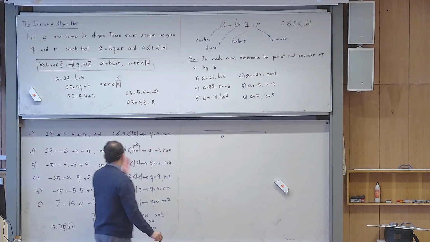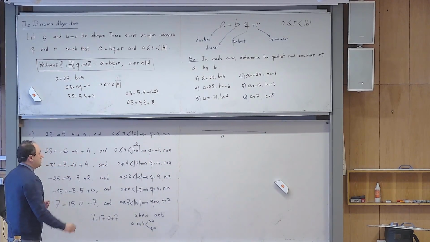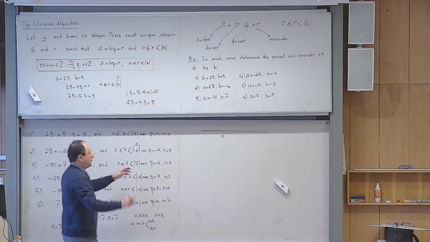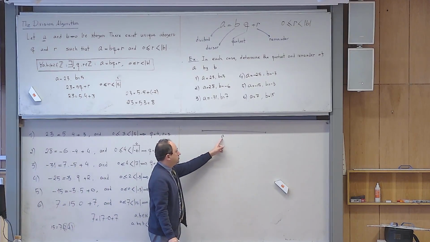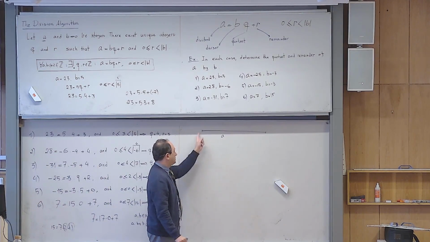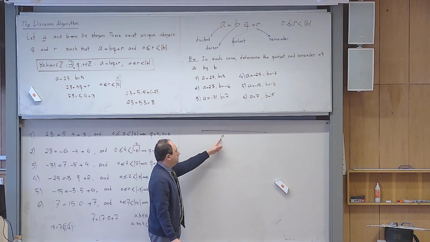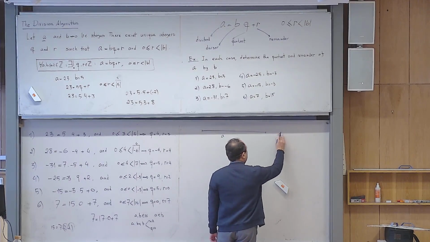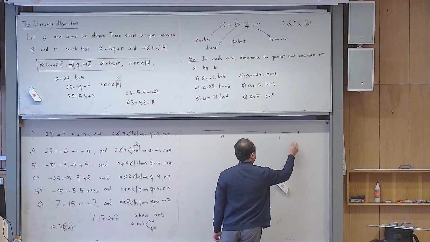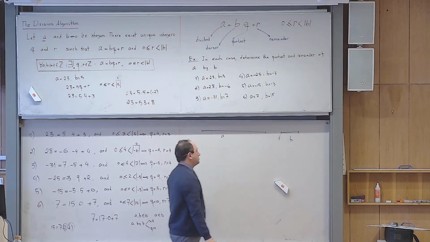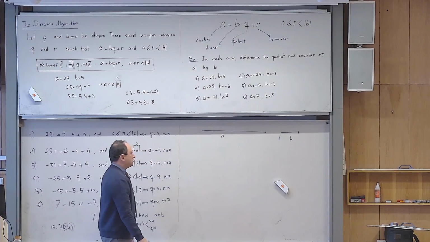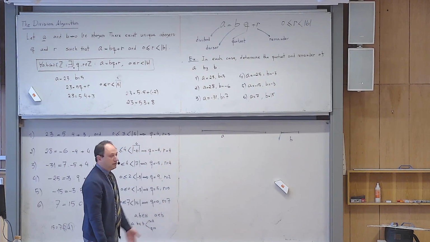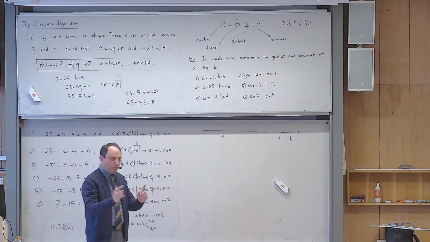But of course, because we are working with integers, let us say that this line segment has an integer length, I call it a. And let me also have a smaller length b, that's also an integer length. Okay? So how many of them I can fit here, that is called the quotient. How many complete ones, yes?